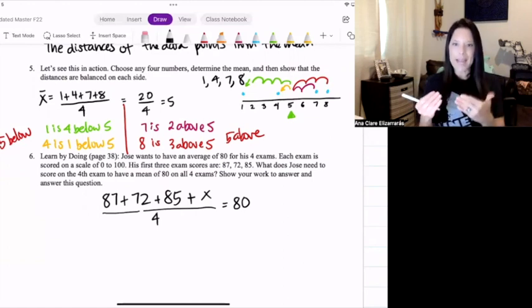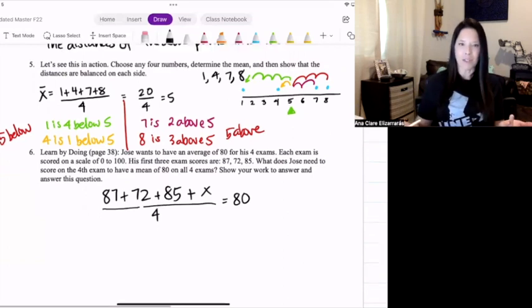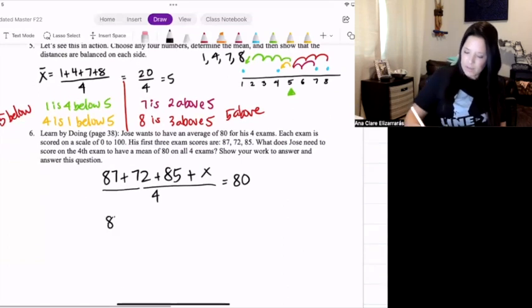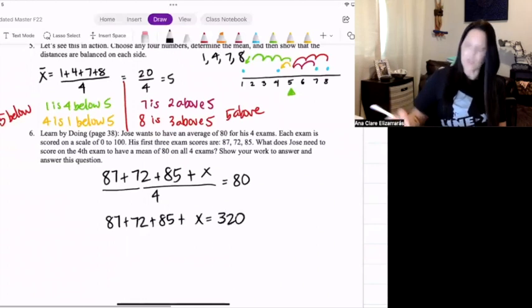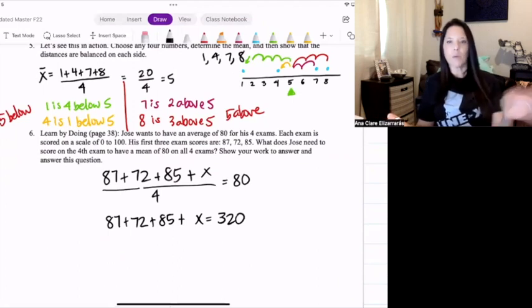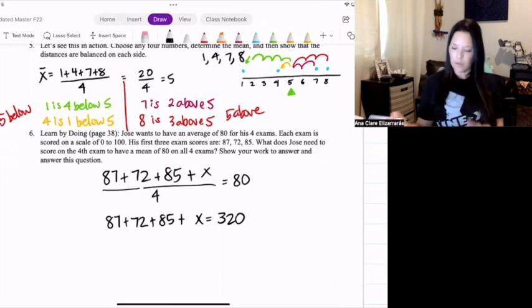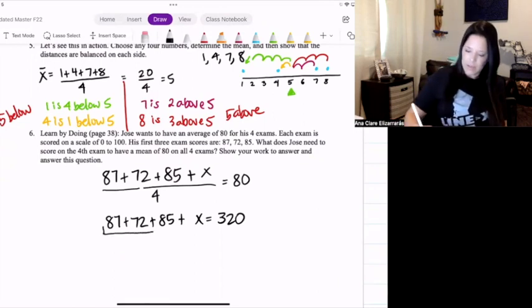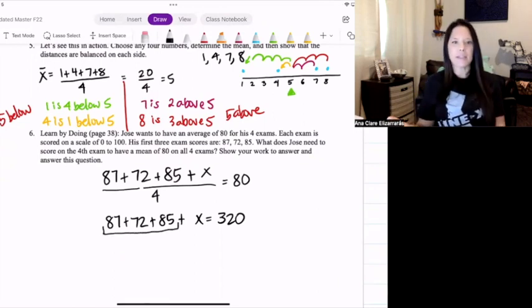So if I had 4 80s, that would be 320. So 87 plus 72 plus 85 plus some test equals 320. So what number is going to add up to help me get to 320? Well, how much do I already have accounted for by the 87, the 72, and the 85? 87 plus 72 plus 85 is 244.